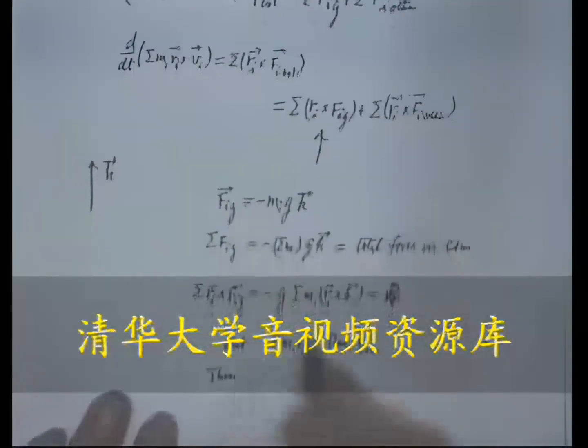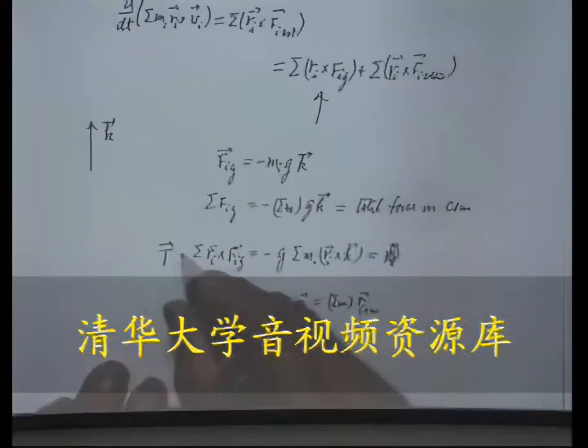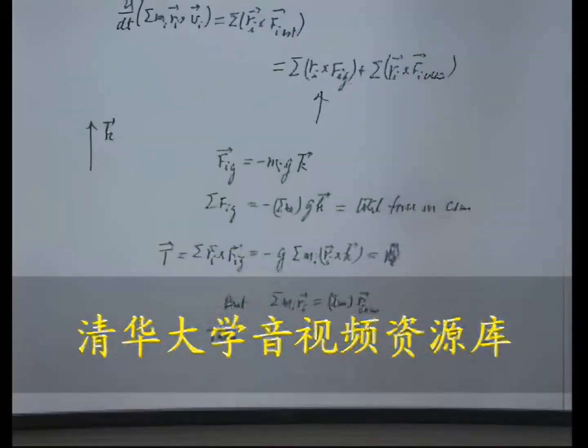This torque is equal to... let's write the torque. This is the torque due to gravity, equal to minus g, summation of m r center of mass, cross k.